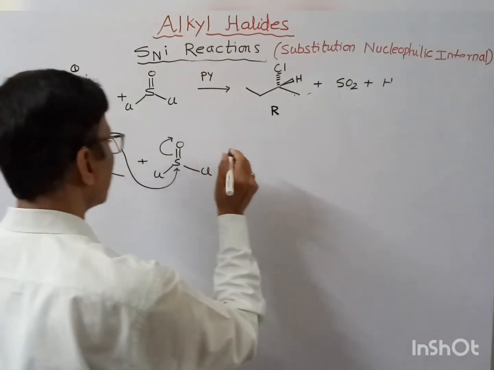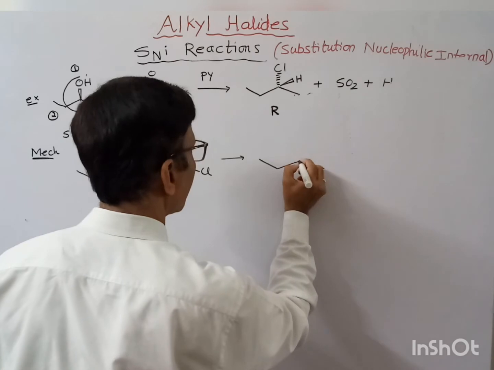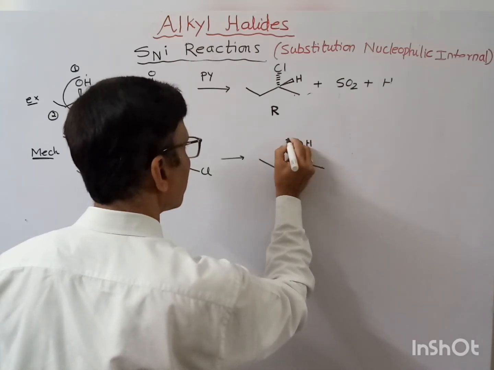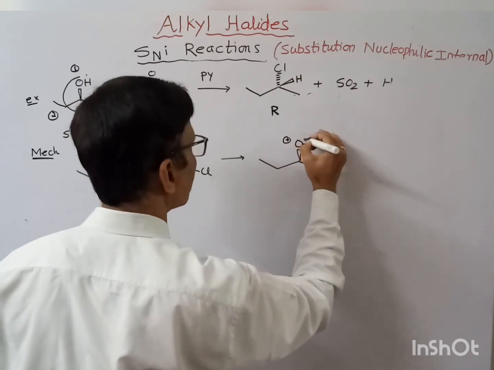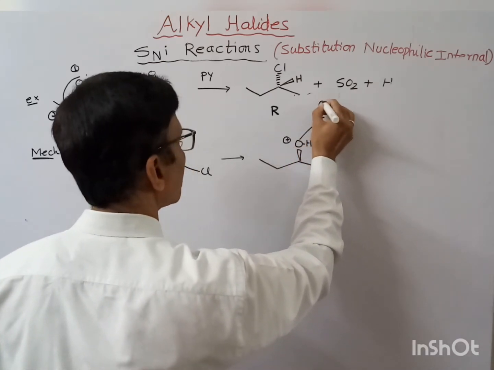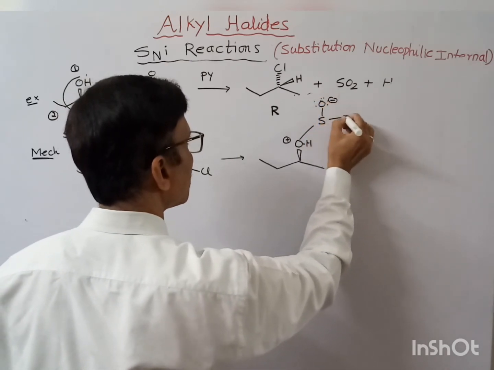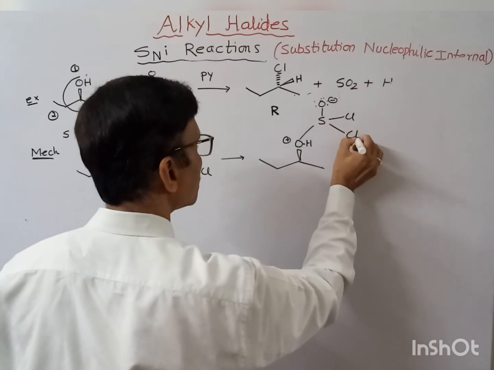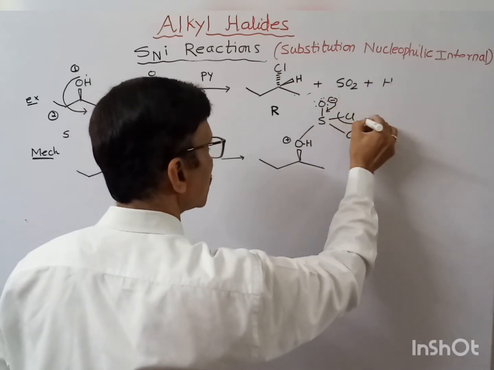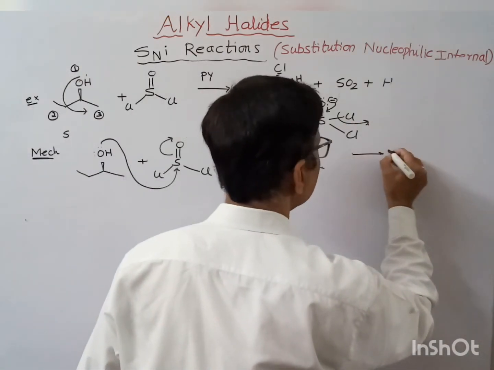So the pi bond will break, and again this pi bond will be restored, then the chlorine will leave, and what we will get?